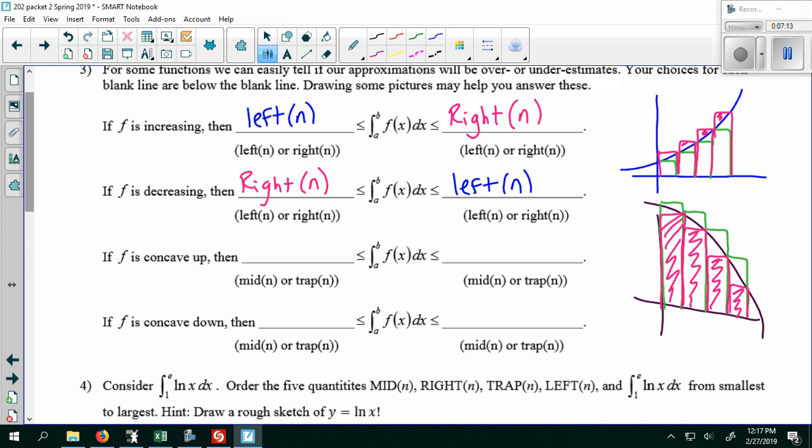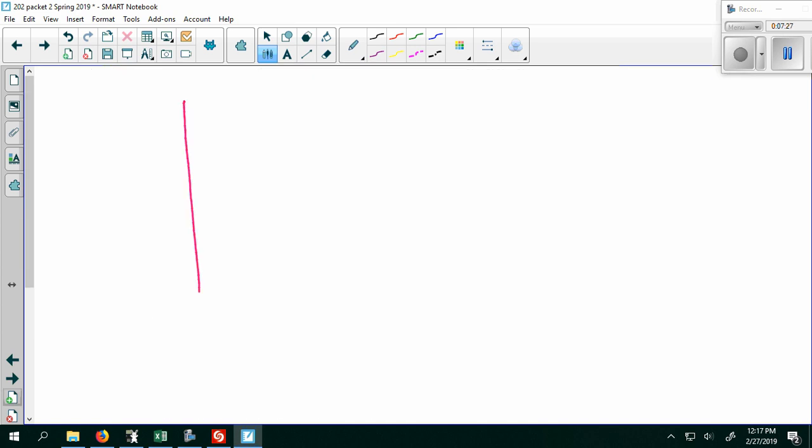Okay, when f is concave up, I want to compare mid and trap. So I need to draw a new picture. I'm out of room. A new page here. F is concave up, and I'm comparing mid and trap. Okay, so here's a picture of a function that's concave up.